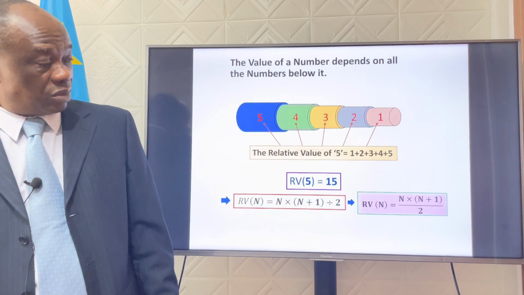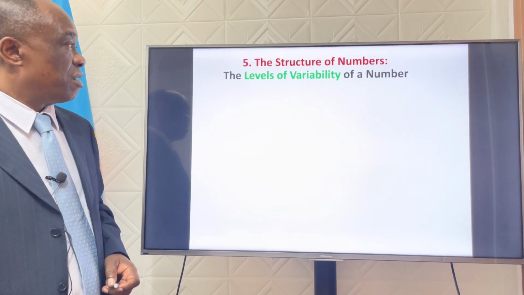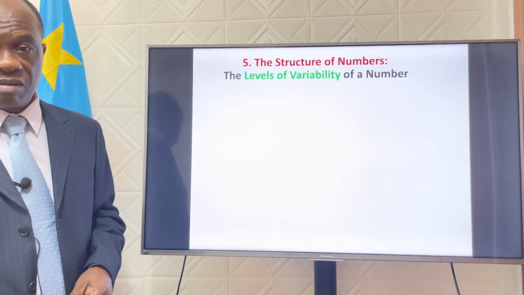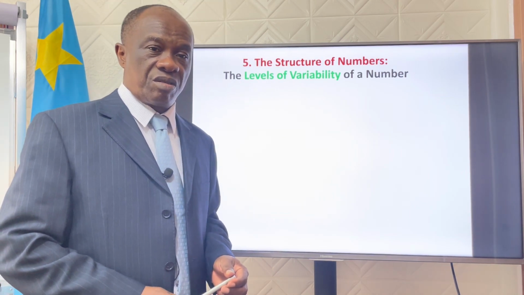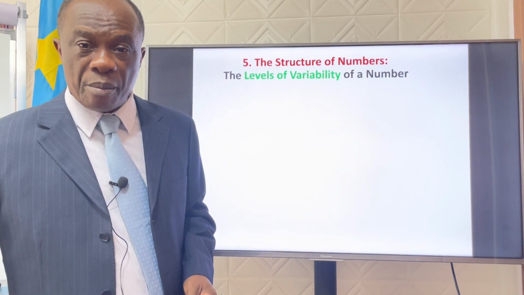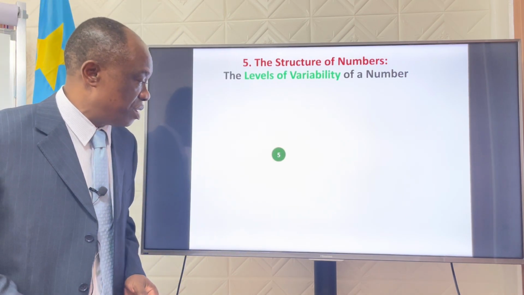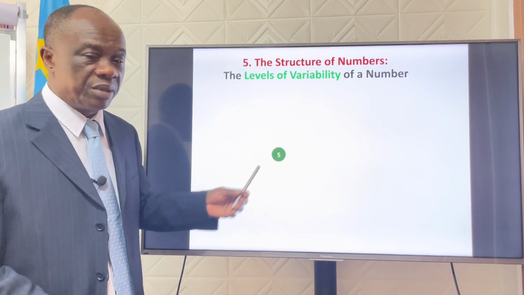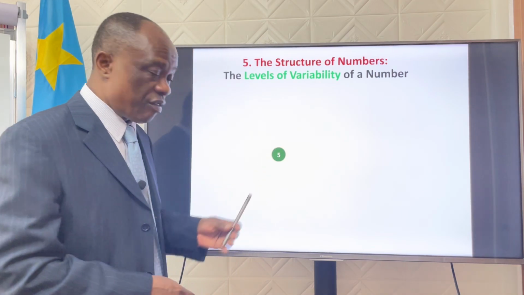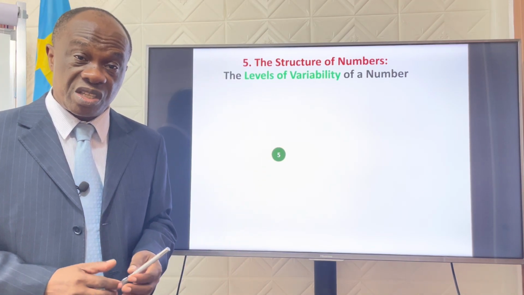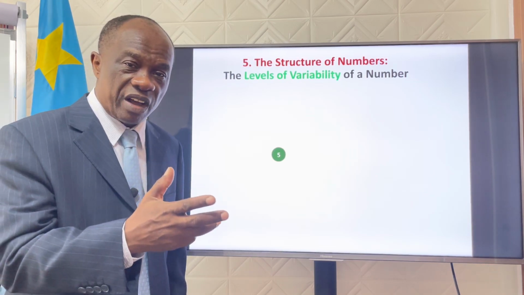Now, as you see here, numbers have a structure. The structure of the number consists of what we call the levels of variability. If you have a number like 5, when you count it, you say 1, 2, 3, 4, 5.